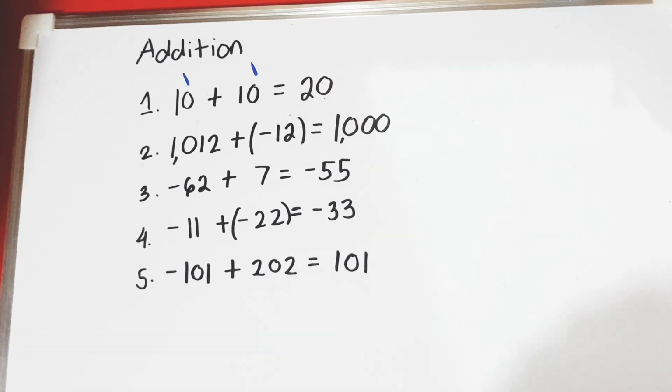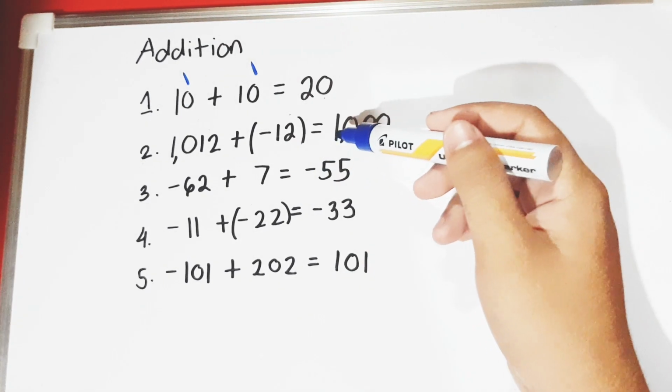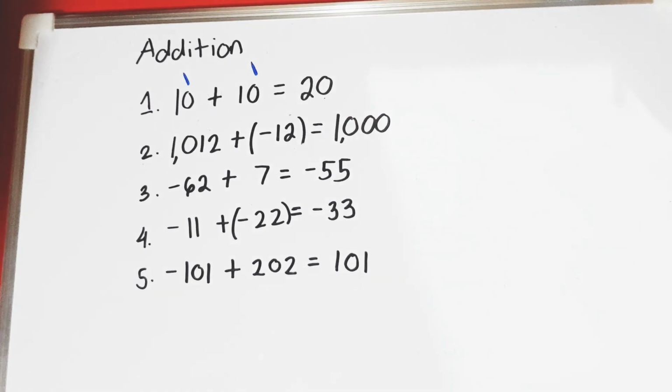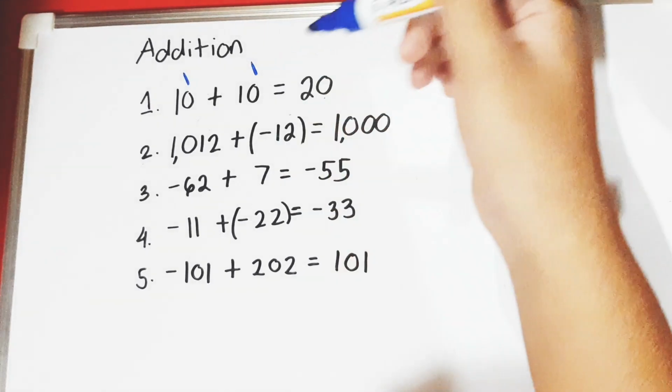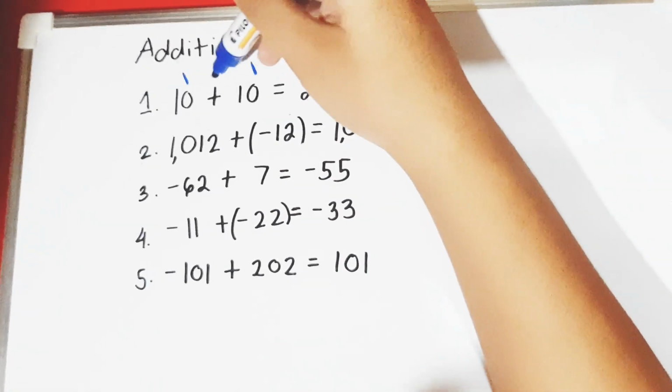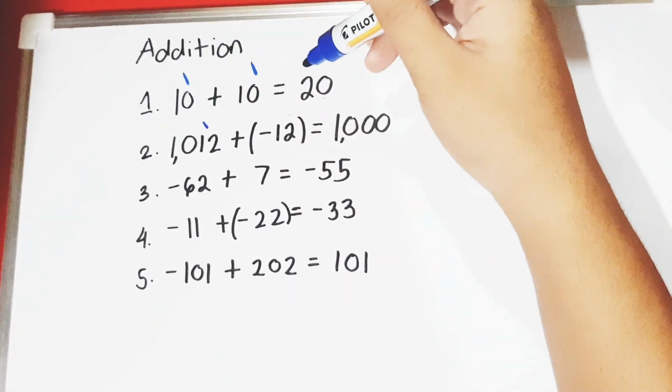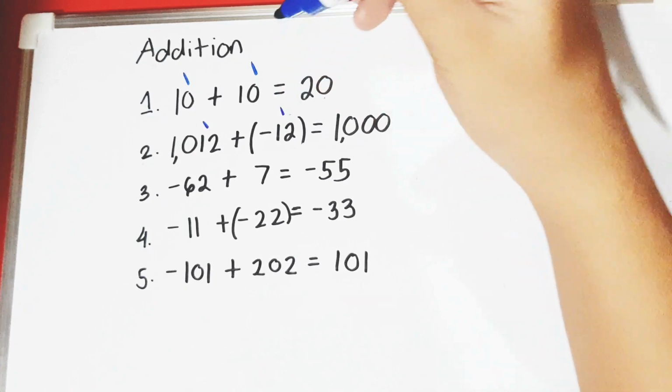So the next is case number 2. 1012 plus negative 12 is equal to 1000. In this case, the first is positive and the second is negative.